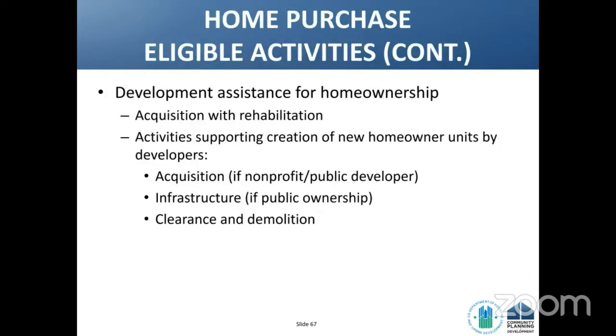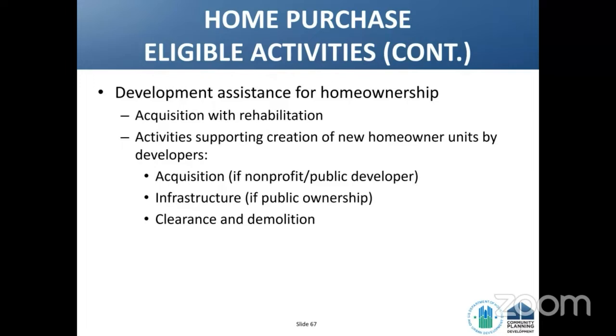Okay, notice we mentioned briefly development assistance for home ownership. Grantees can use CDBG to acquire property for the purpose of rehabilitating it and then selling them to low and moderate income households.